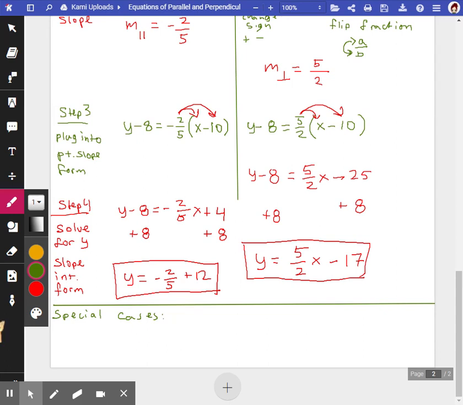Your special cases are when you have x equals a number or y equals a number. x equals a number is vertical, so your slope is undefined. You remember that from first chapter? We had those properties worksheets. Much torture about undefined slopes.